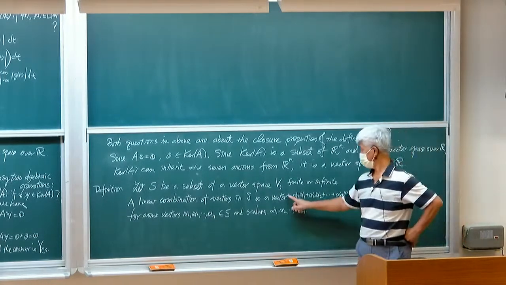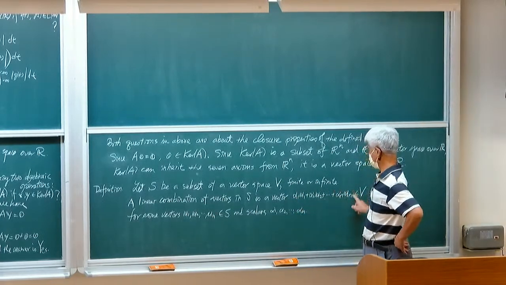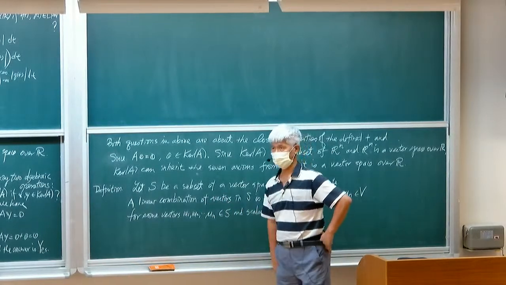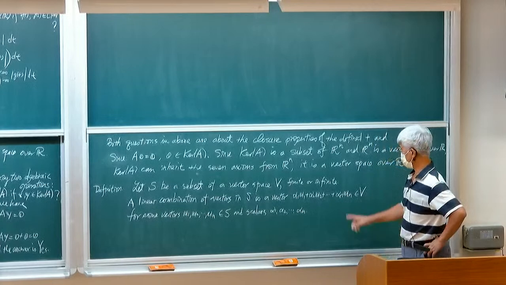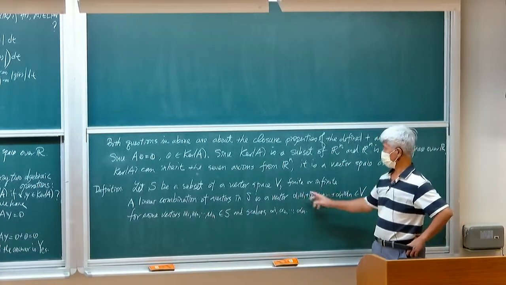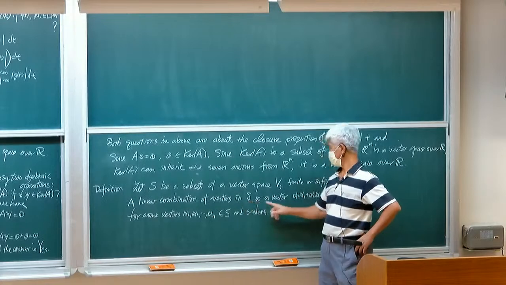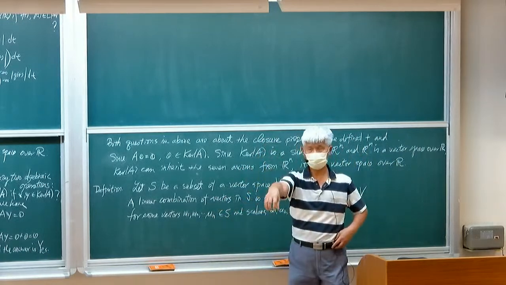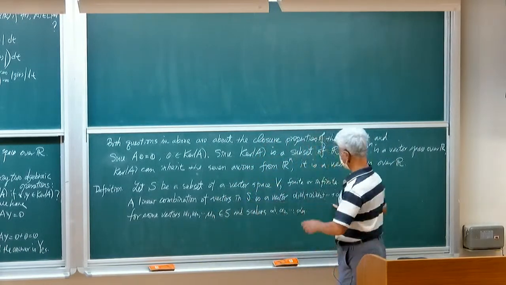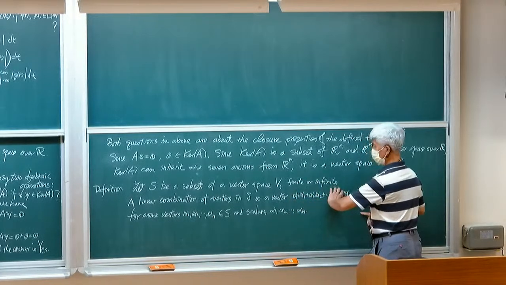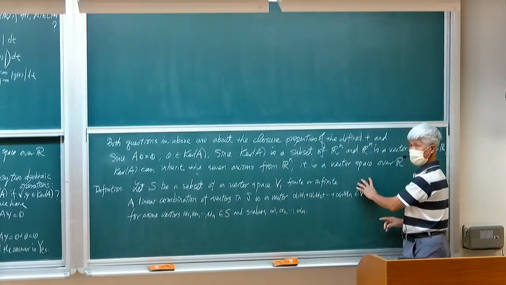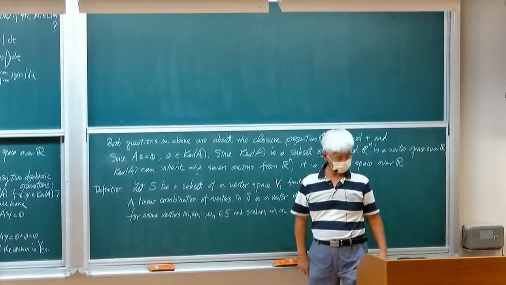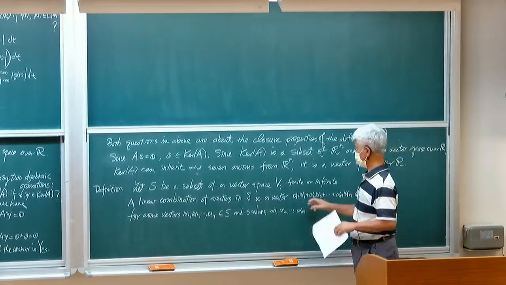Such a formation is called a linear combination of vectors in X. Of course, the linear combination may be out of S, even though U1, U2, and Un are vectors taken from S. When you form the linear combination like this one, the resulting vector is in V, but not necessarily in S, not necessarily in X. So it's kind of an expansion, right?